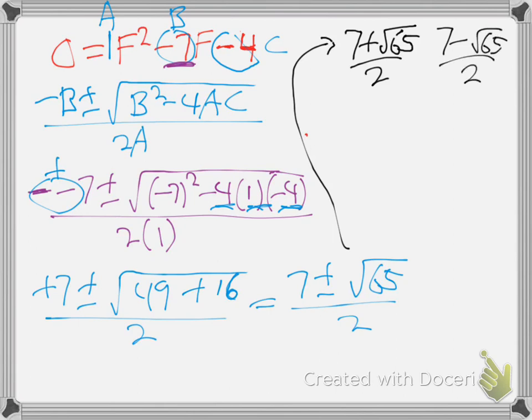They want you to use your calculator. Okay, I get 7.53 for this answer. And for the other one, 7 minus square root of 65 over 2, I get negative 0.53.